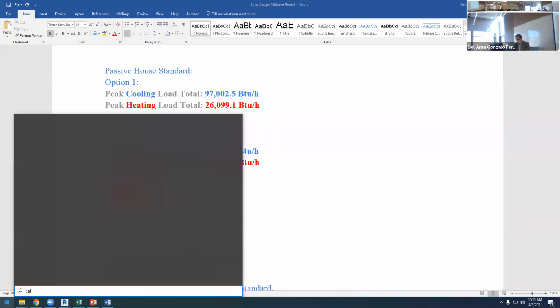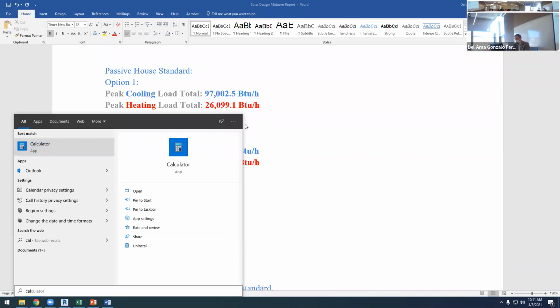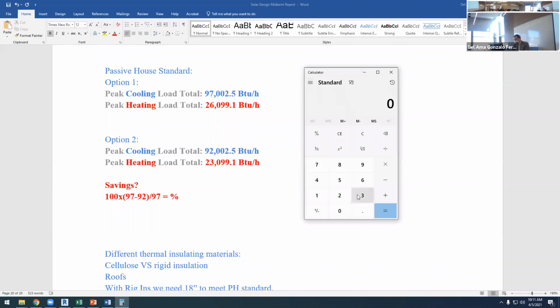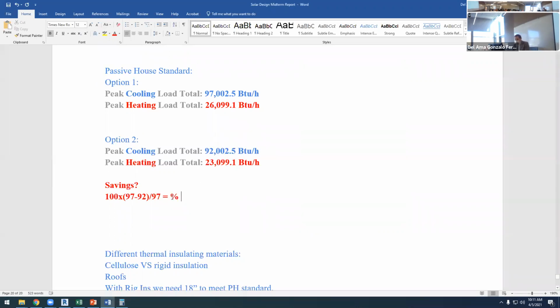Okay, so if I apply the calculator, 97 minus 92 is 5, divided by 97, times 100. It's 5%.